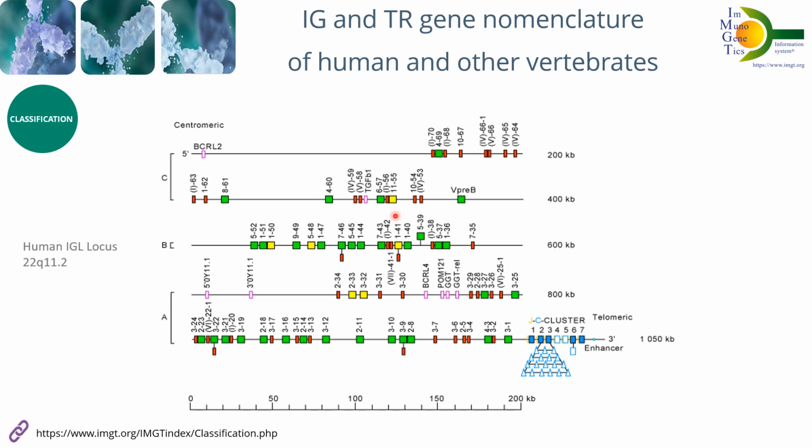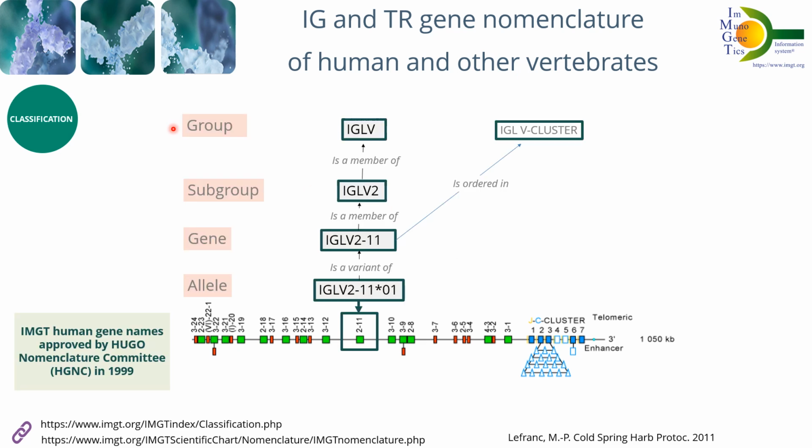These genes show similarities and are also highly polymorphic. Let's see the criteria used to classify these genes and to define their names according to the rules of the IMGT nomenclature. IG and TR genes can be classified into groups, whatever the species. A group brings together the genes that code for the same chain type, here IGL, and that share the same gene type, here V for variable.